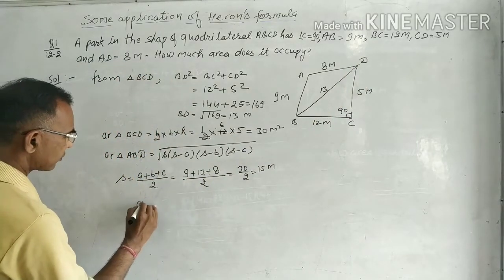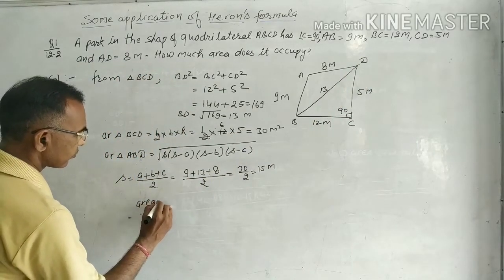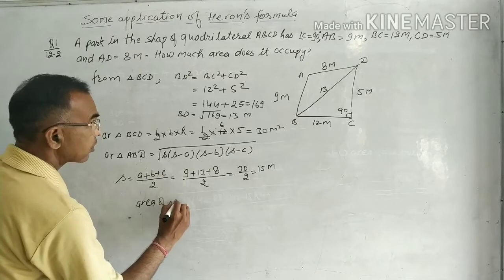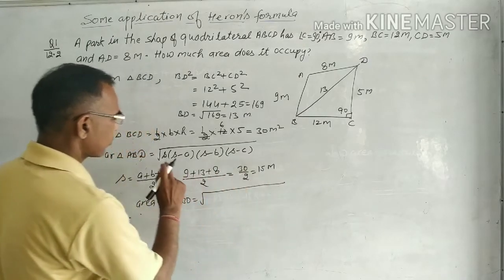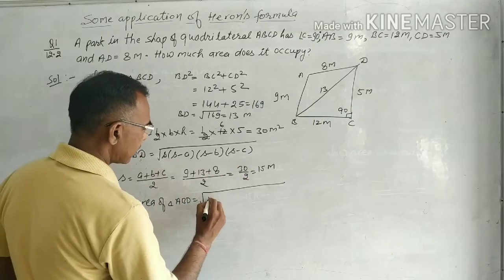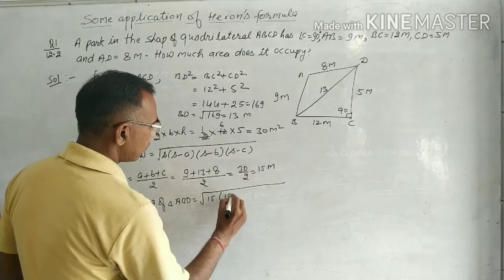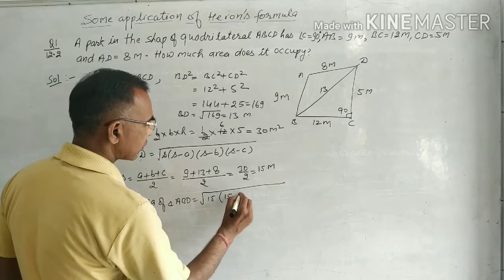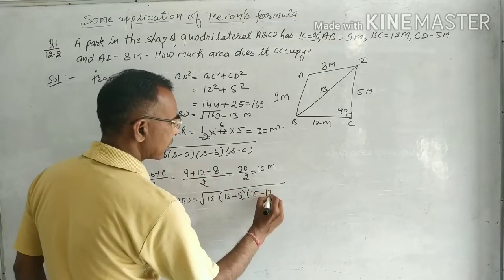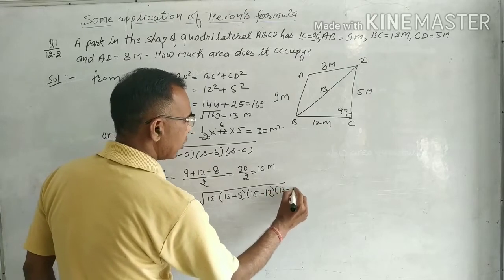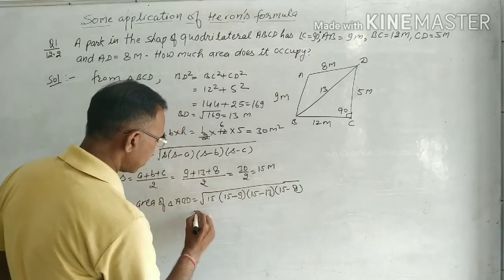So area of triangle ABD equals square root of S, 15, into 15 minus 9, 15 minus 13, 15 minus 8.